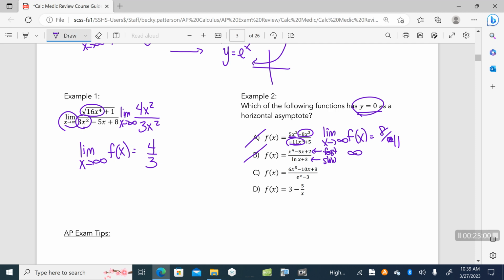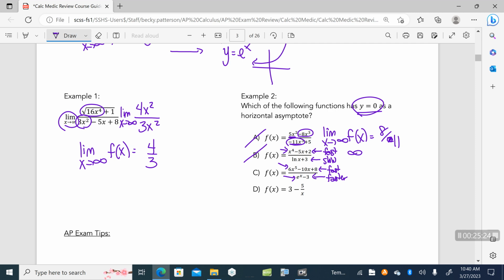For C, this is a degree 5, again growing very quickly, just like the top of B. So this guy's growing very, very fast and headed to infinity. The bottom is e to the x. E to the x grows faster than a polynomial function. So I know that the top is growing fast, but e to the x is growing faster.